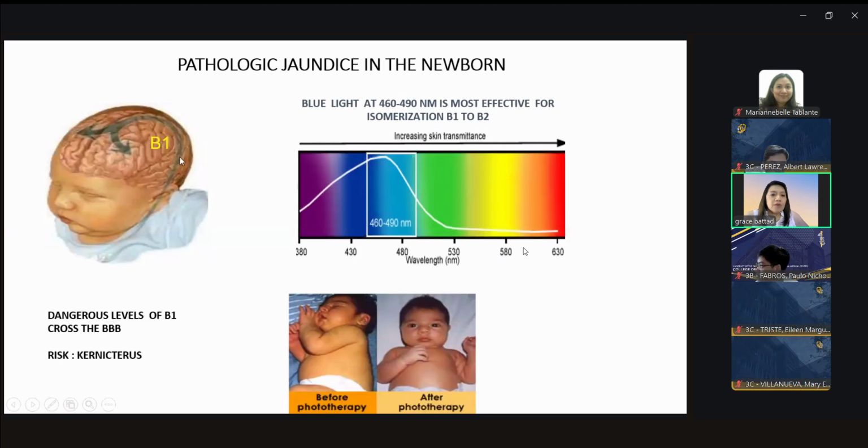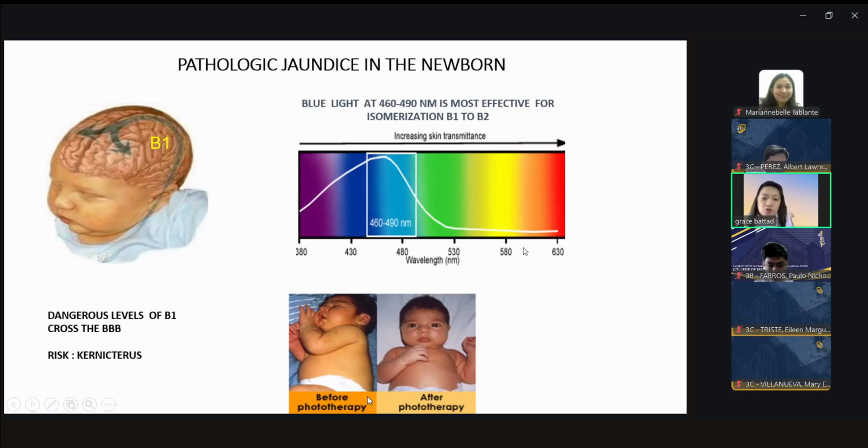Because bilirubin 1 is lipid soluble, it can cross the blood-brain barrier. It gets deposited in the brain, and there would be what you call kernicterus. Particularly if the bilirubin was deposited in the basal ganglia, you might have problems with movement disorders or seizures.